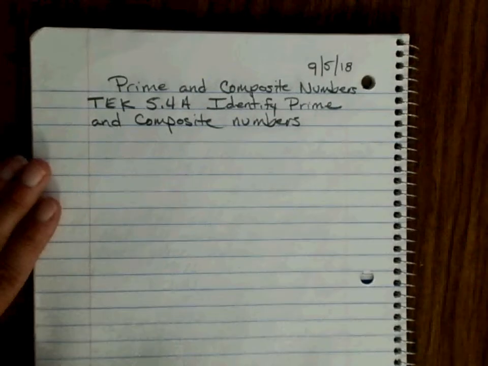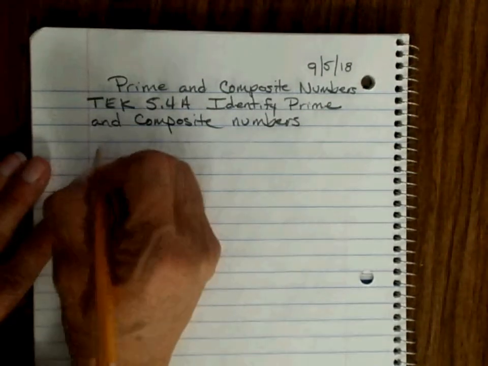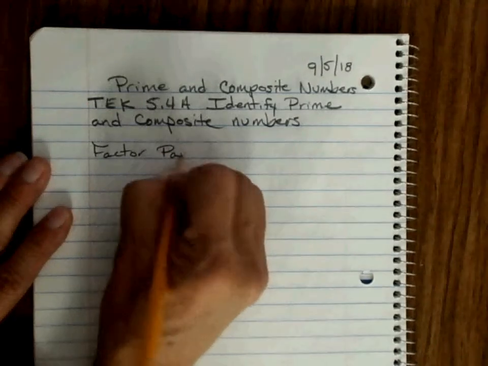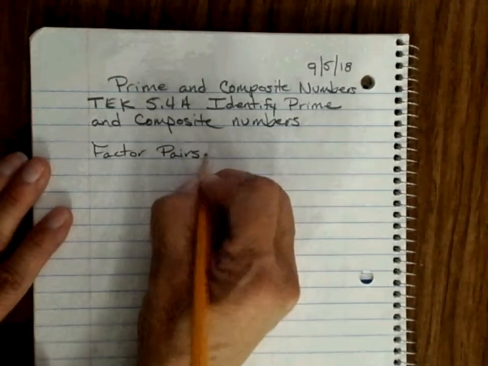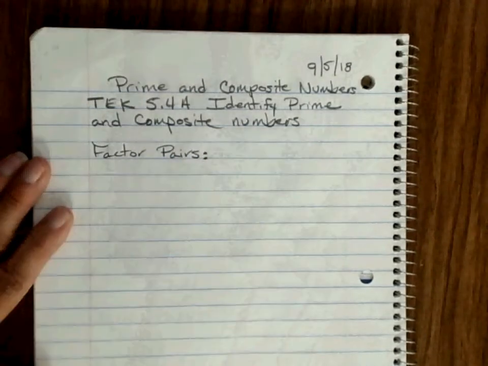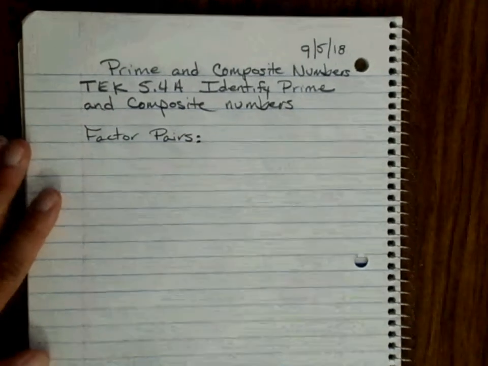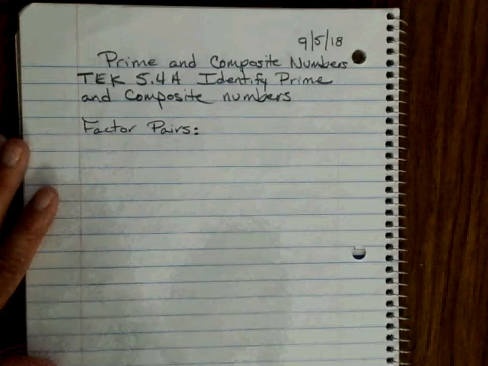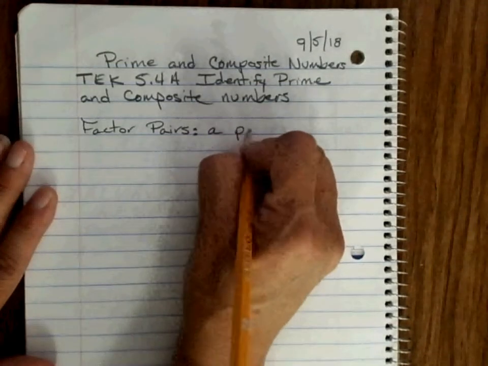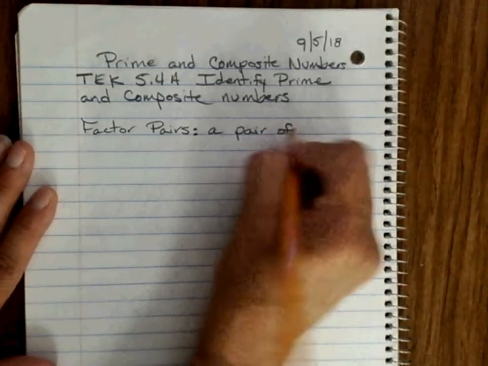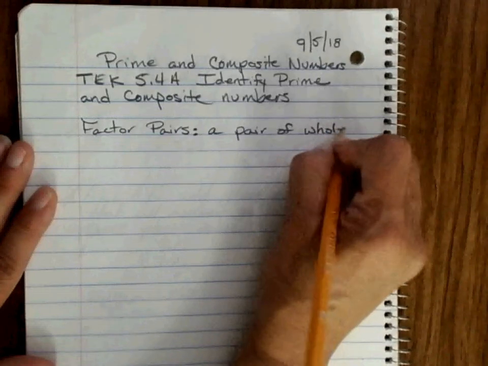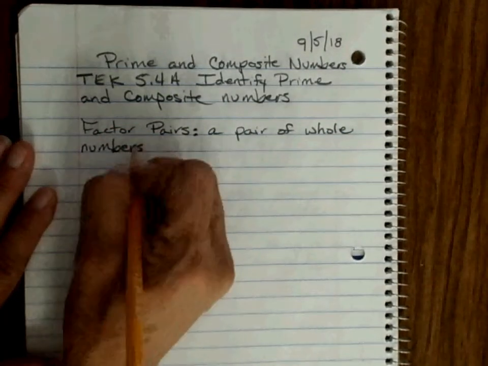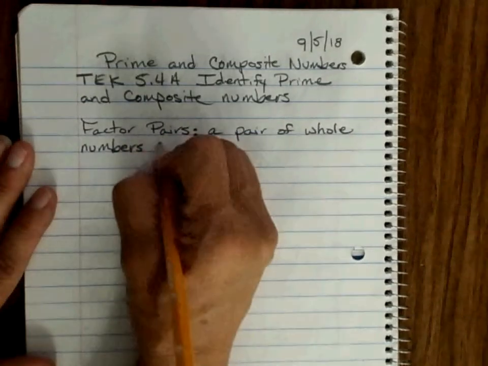So the first one is going to be, what are factor pairs? Okay, factor pairs is a pair of whole numbers that make a whole number.